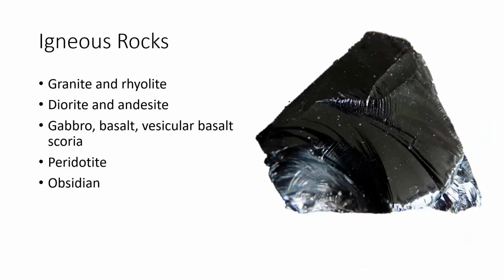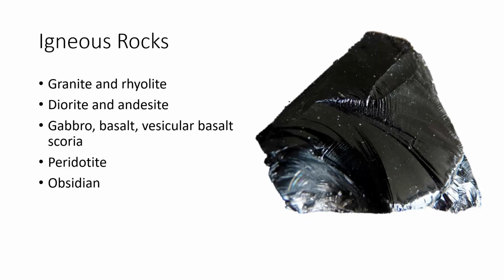Obsidian is a glassy igneous rock. And while it may come as a surprise, the black color of obsidian comes from tiny specks of iron in silica glass.